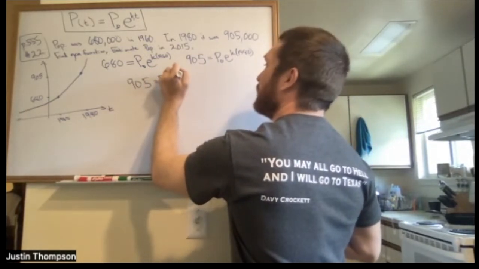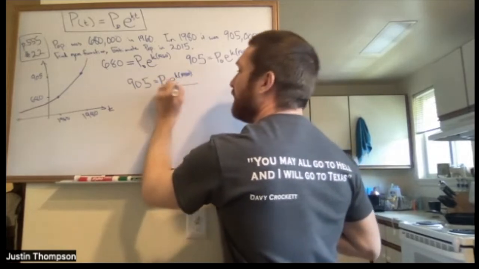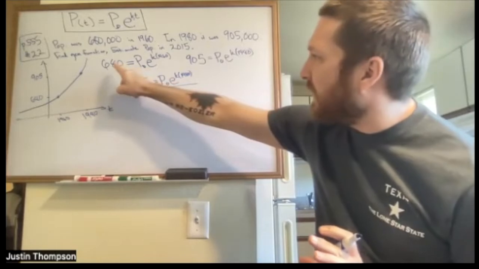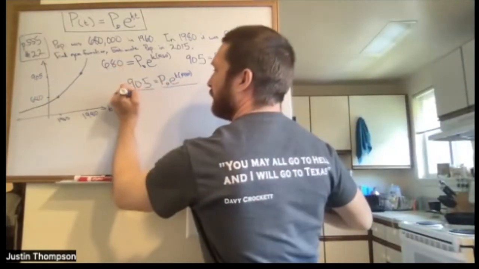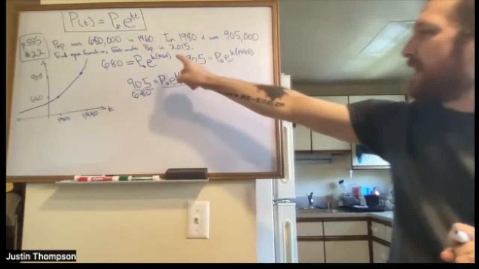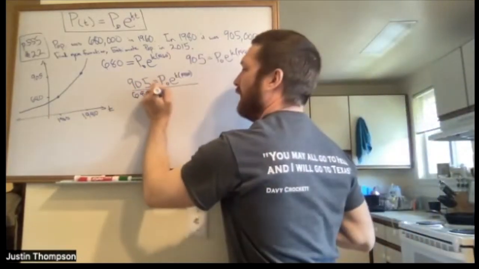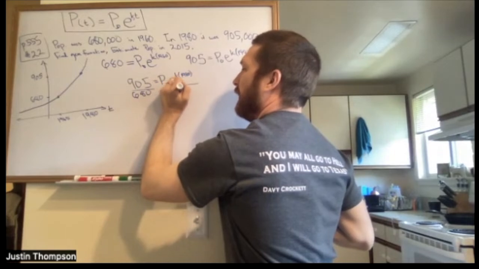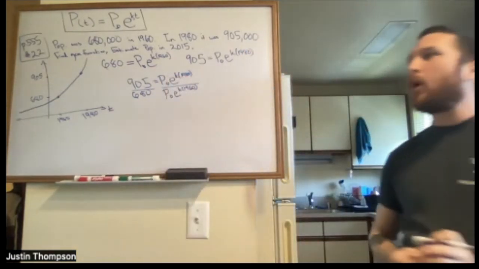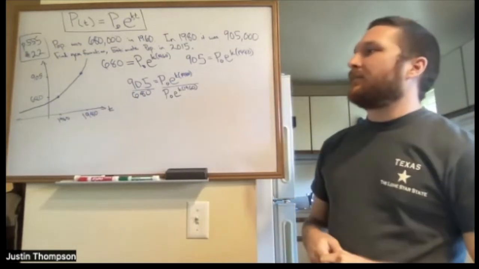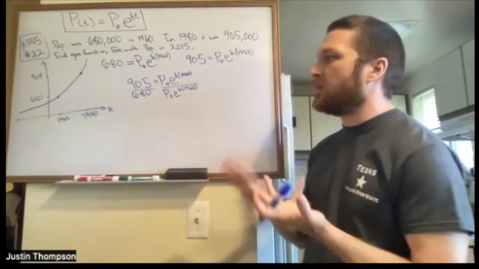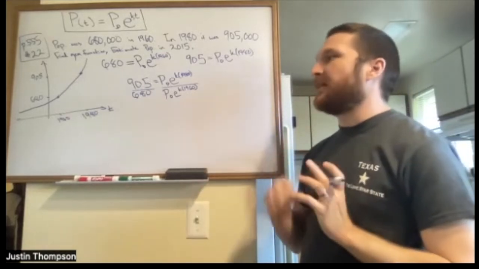And so I'm going to take this right here and divide both sides, or rather not both sides. I'm going to say, well, then let's divide this side by 680, and I'm going to divide this side by 1960, just like that. Why? Well, the idea is if I could get rid of one of my unknowns, then I could isolate the other one.